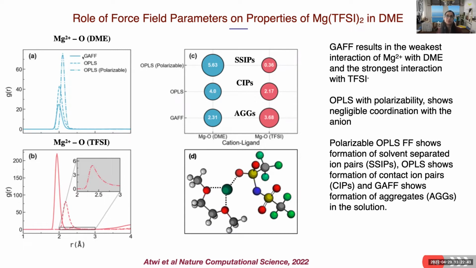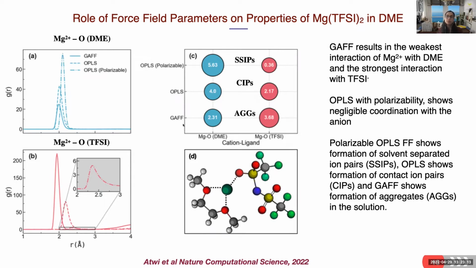So for example, if you're using GAFF, which is the solid line here, it suggests that we have very weak cation and solvent interaction, and a very strong cation and anion interaction. Contrary to that, if we use the OPLS force field with polarizability, it suggests very strong cation solvent interaction and almost negligible cation anion interaction.